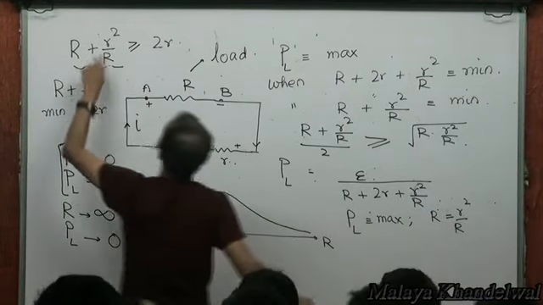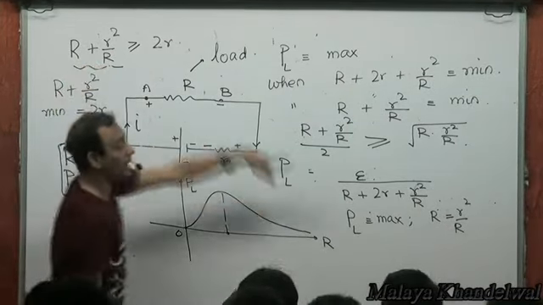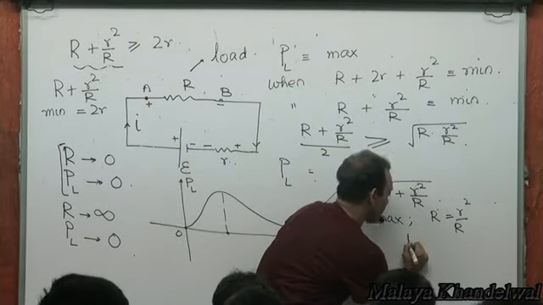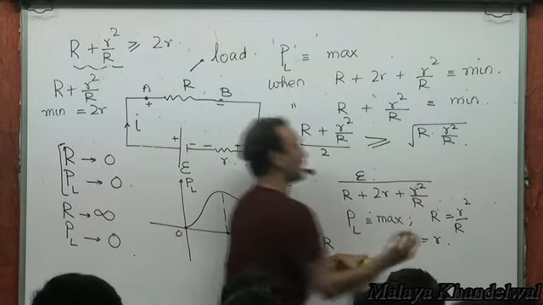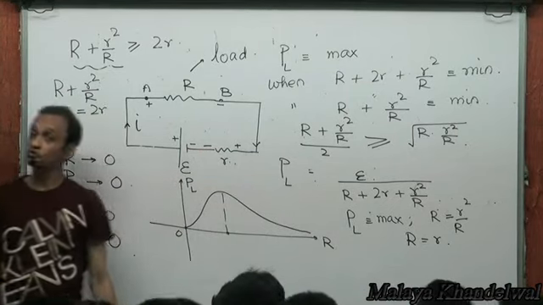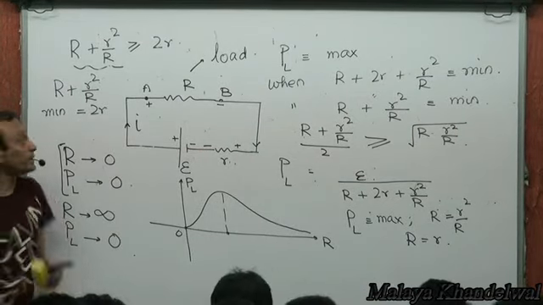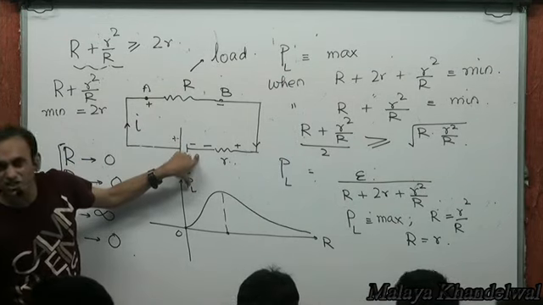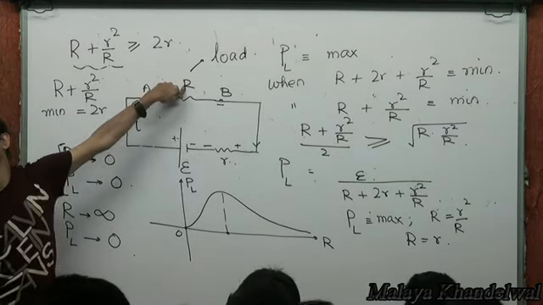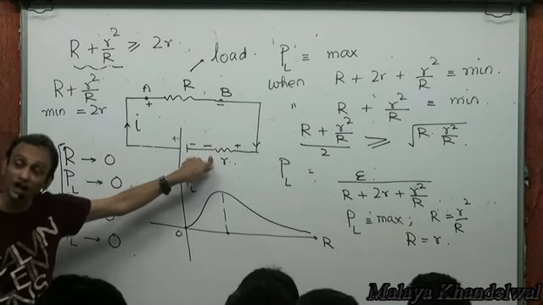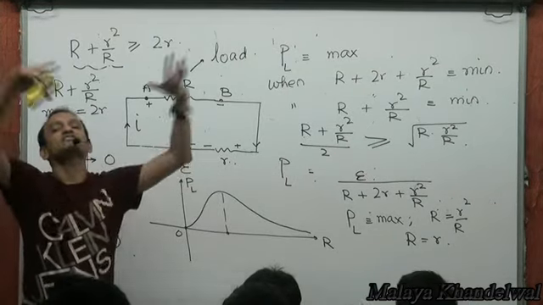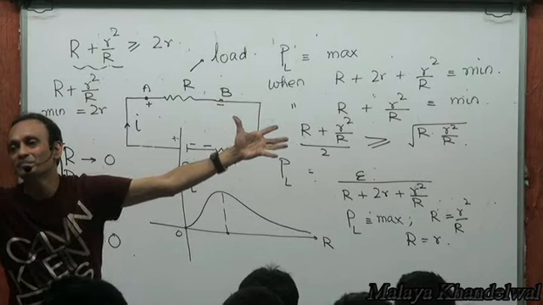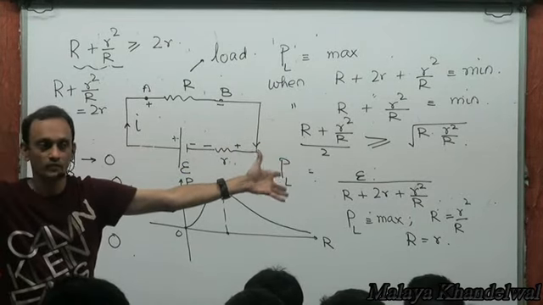That means when capital R becomes equal to small r. That means when the load resistance becomes equal to the internal resistance of the battery, the power dissipated across the load will be a maximum. Yes or no?